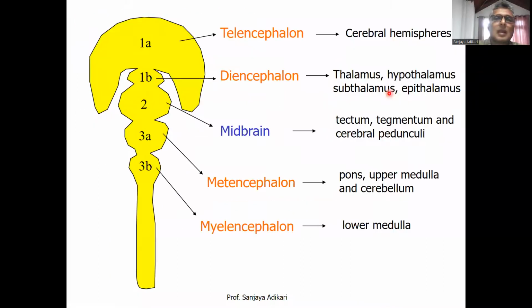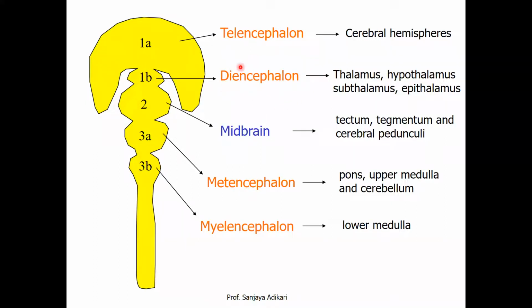Later, if you look at an adult brain and label the cerebral hemisphere, you actually label this 1A, the first part of the forebrain vesicle that was growing rapidly, as the cerebral hemisphere. So in the adult brain, you have left and right cerebral hemispheres. And this small part, the second part of the forebrain vesicle, is called the diencephalon.